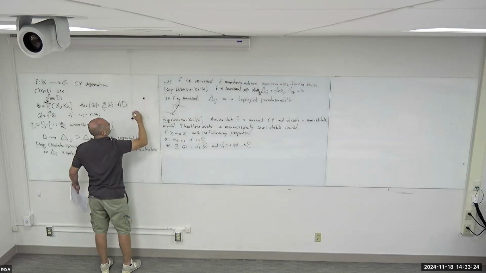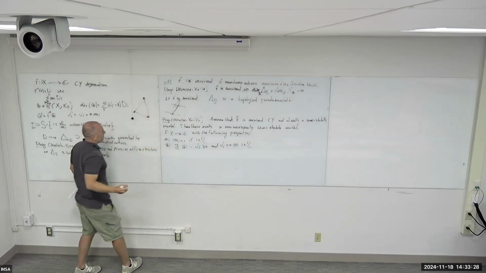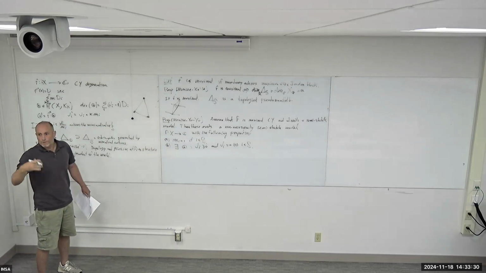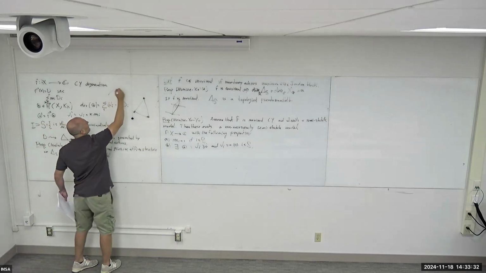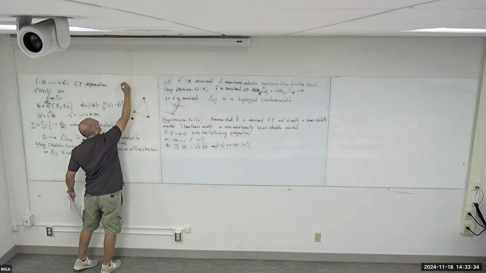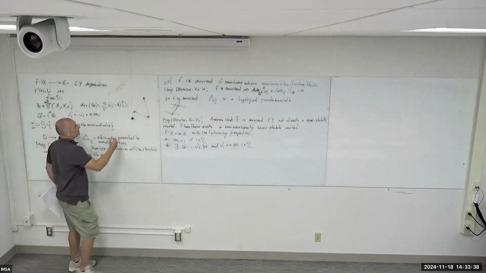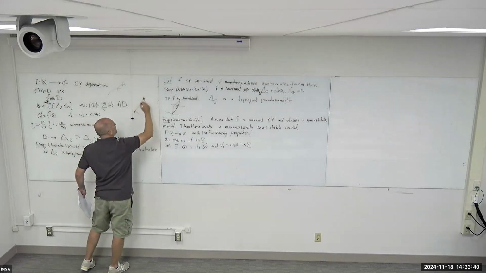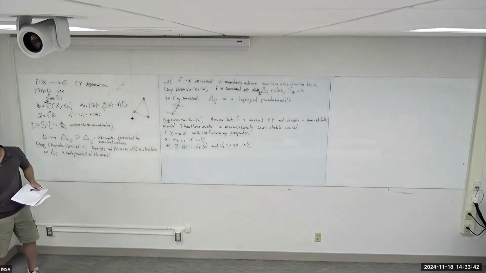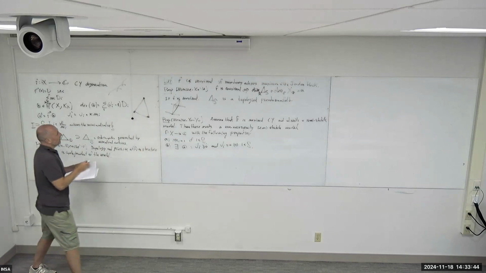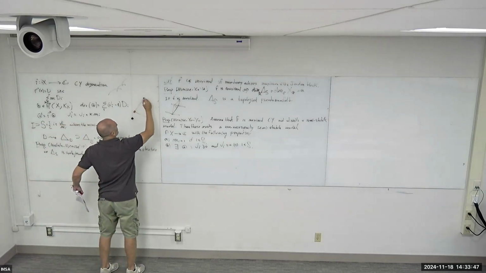You take the simplex generated by these 3 divisors, and if 2 of them intersect, you mark this place.